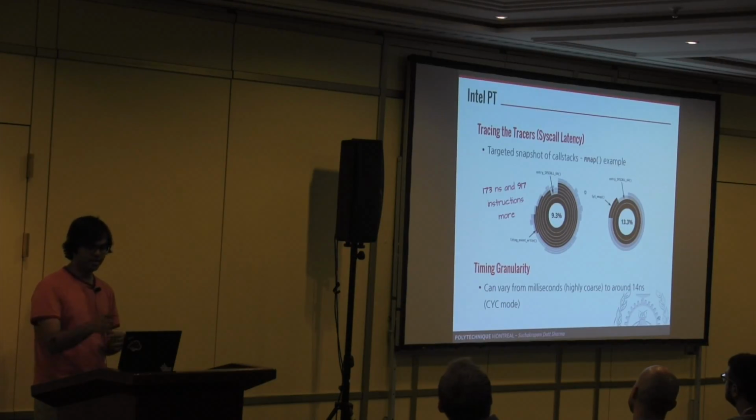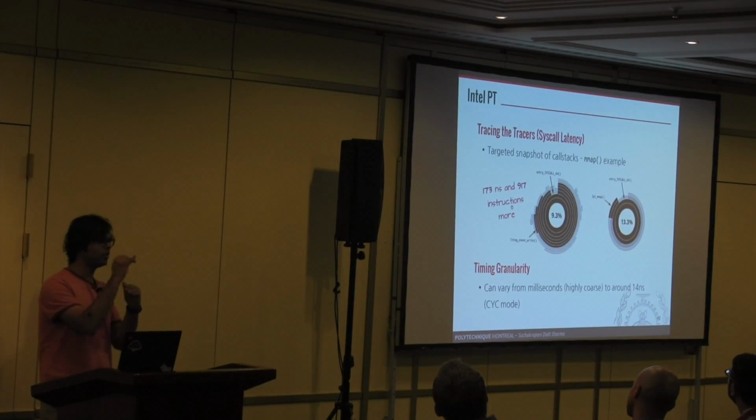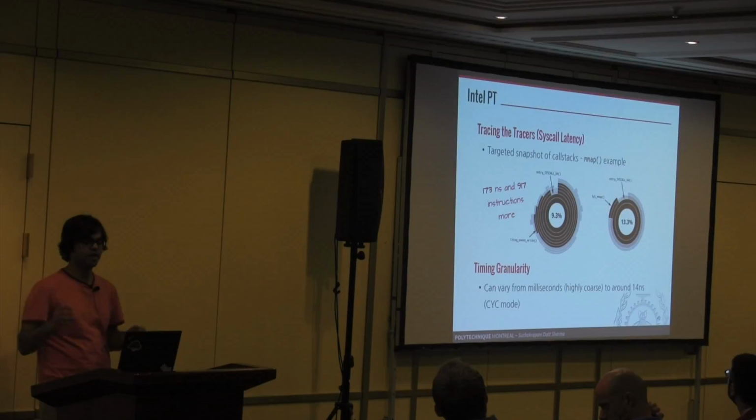But here we had LTTng enabled, so it goes through not the fast call path but the longer path. It took 173 nanoseconds more and 970 instructions. So you could see in a very granular fashion inside even your syscall. Tracer is just an example; if something else happened inside the syscall, you would be able to find that out.